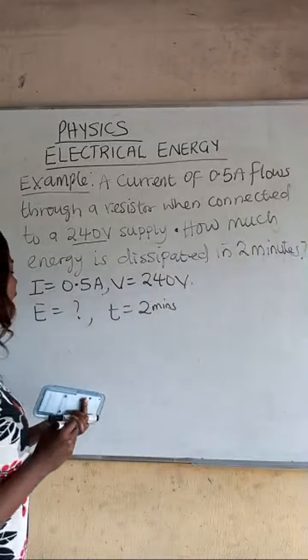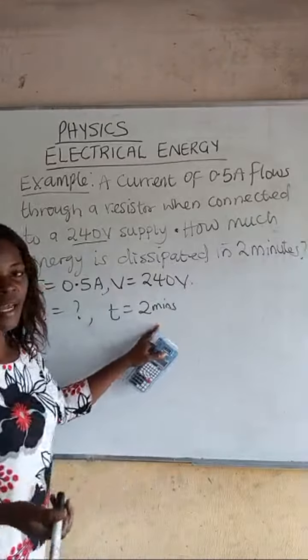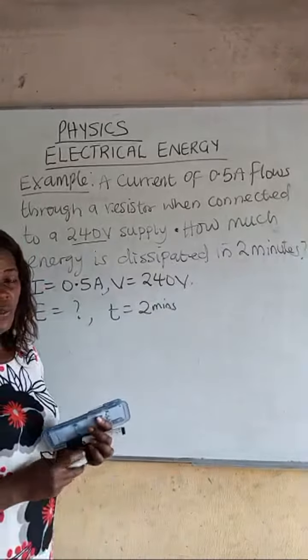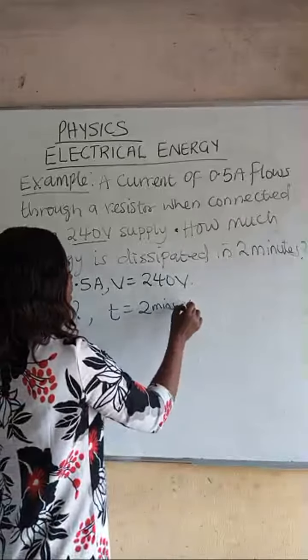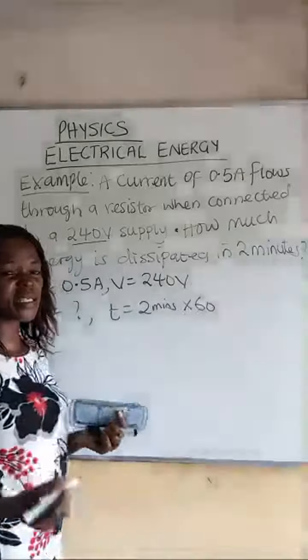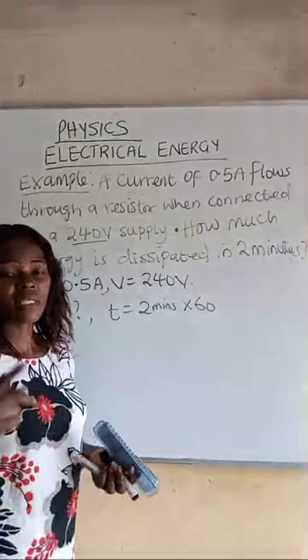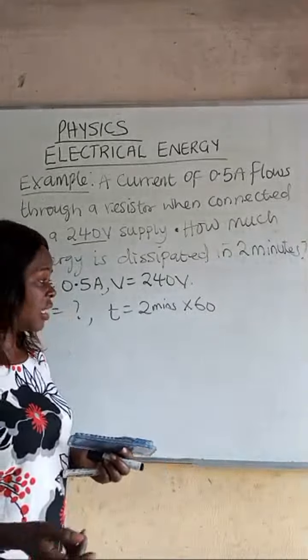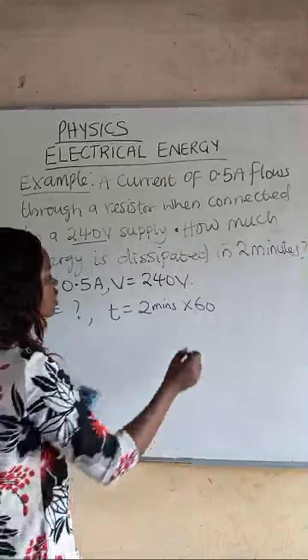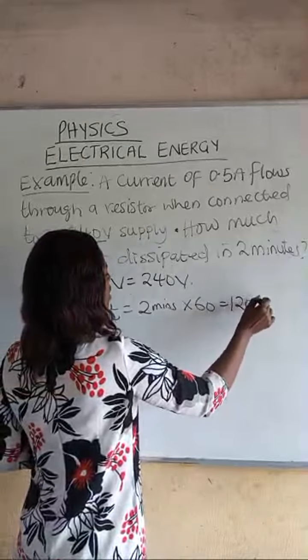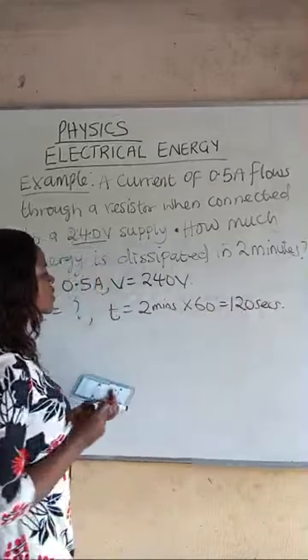Now, don't forget that this time must be converted to seconds. So we multiply by 60, because 60 seconds makes 1 minute. So in 2 minutes we have 2 times 60 to give us 120 seconds.